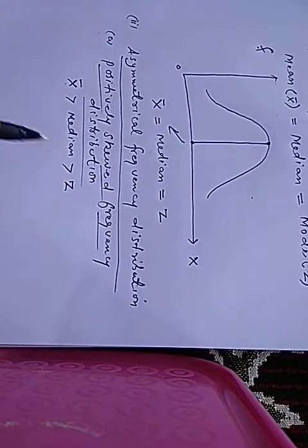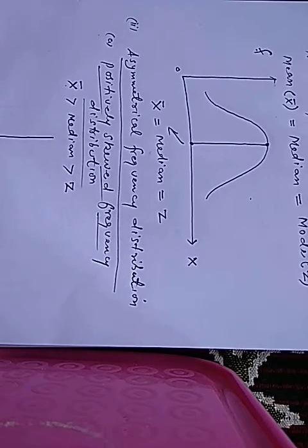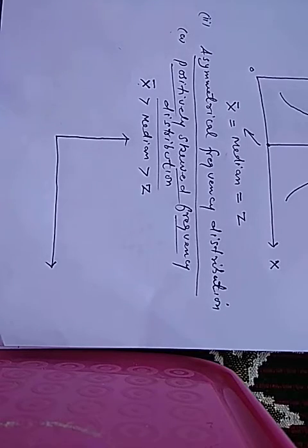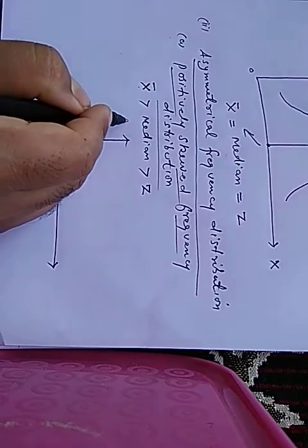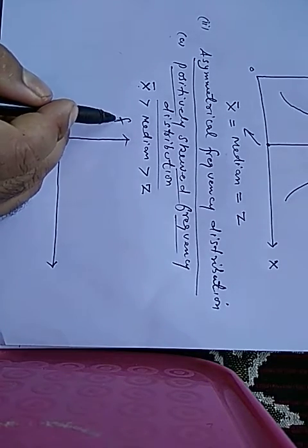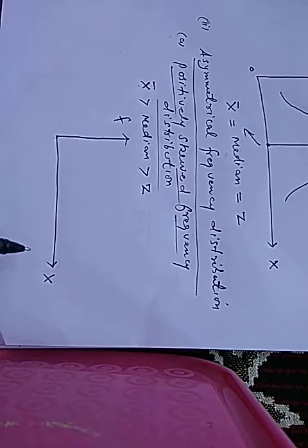And the shape of the frequency curve will be like this. On the vertical axis, the values of frequency, f is frequency, and on the horizontal axis, the value of the variable, generally denoted by x.